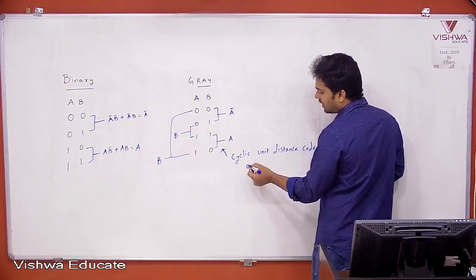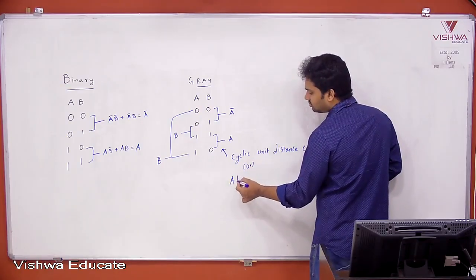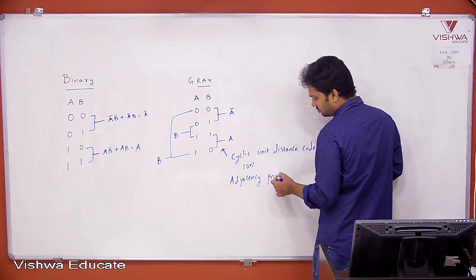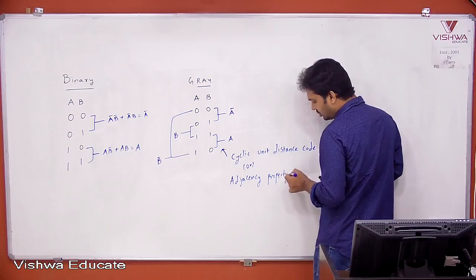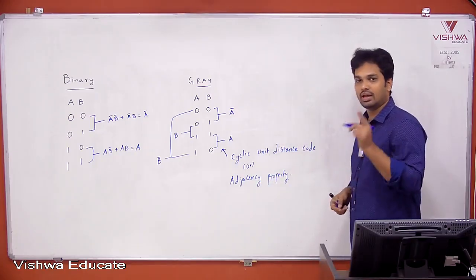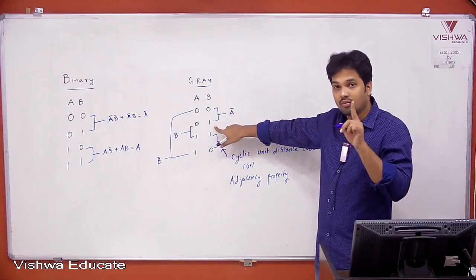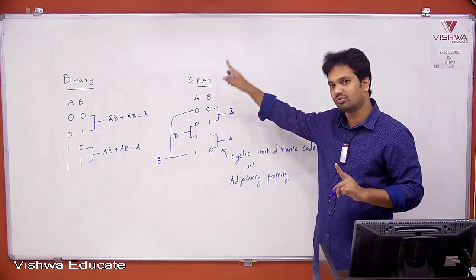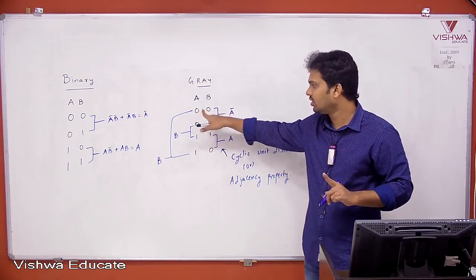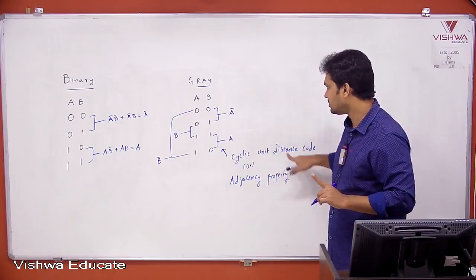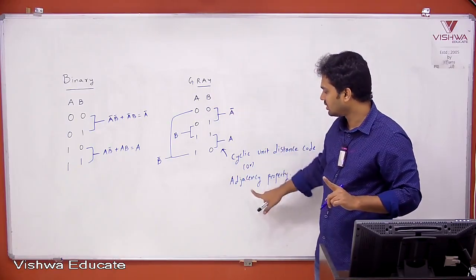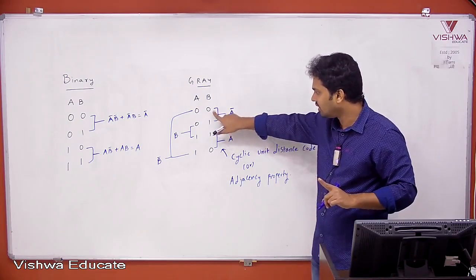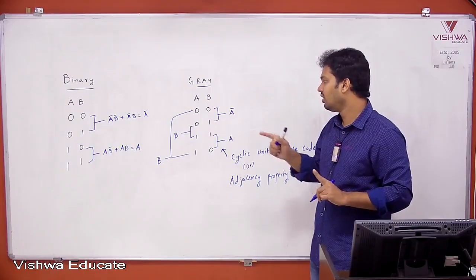It is also called the adjacency property. It is a cyclic unit distance code because from last to first also we have this property. So the cyclic unit distance code is the property of gray code, or we can also call it the adjacency property. Between any two adjacent numbers we have only one bit difference.